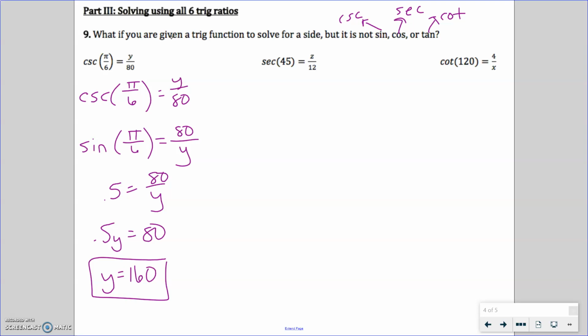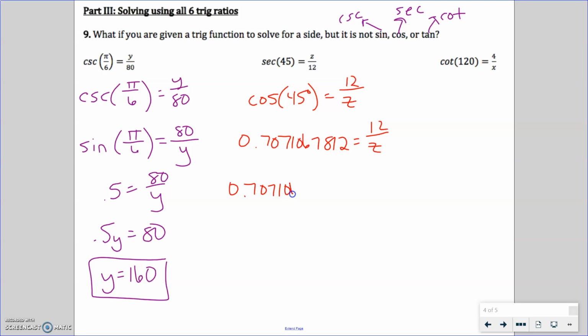All right, so secant goes with cosine. So I can rewrite this as cosine of 45 degrees is equal to 12 over z, right? So I'm flip-flopping it. Need to go back into my mode, change back into degree. And I know that's a pain, but you got to make sure that you're switching back and forth. You're in the correct mode, okay? Equals 12 over z.